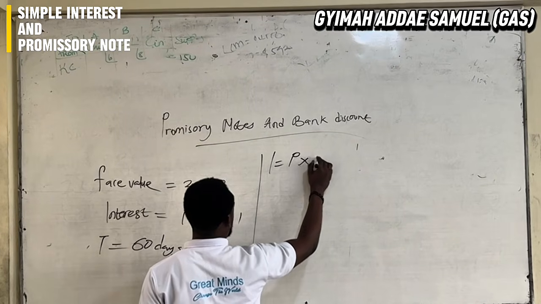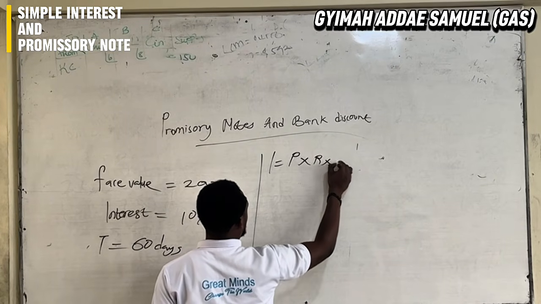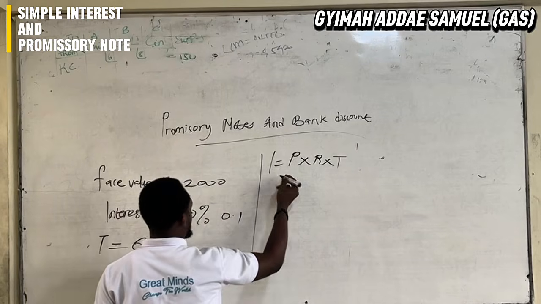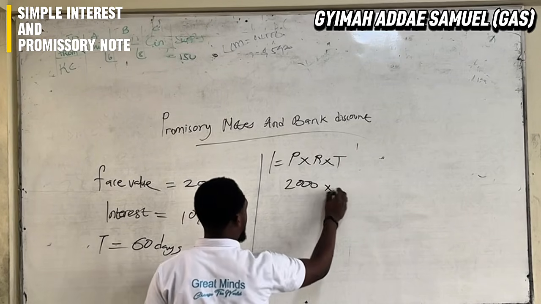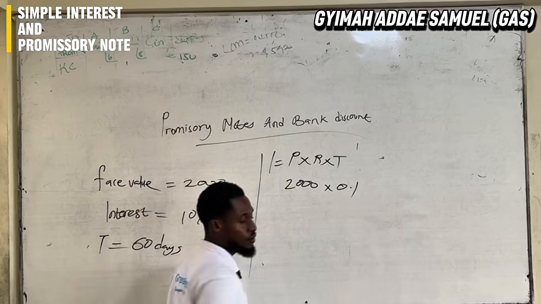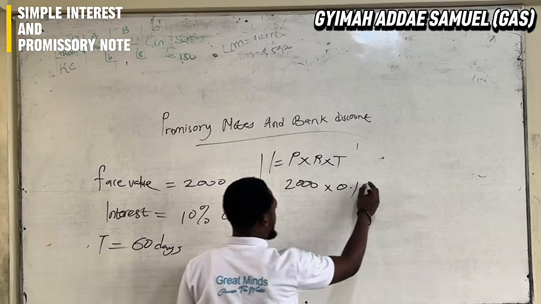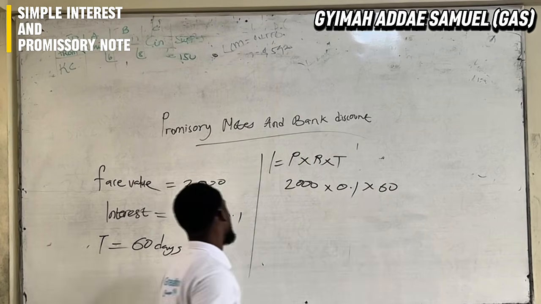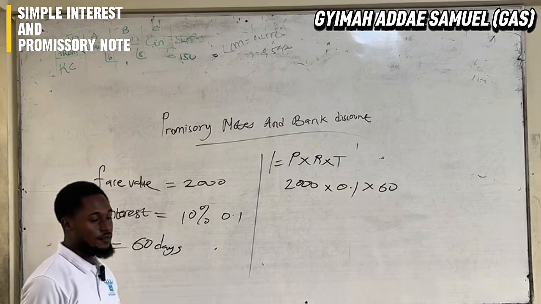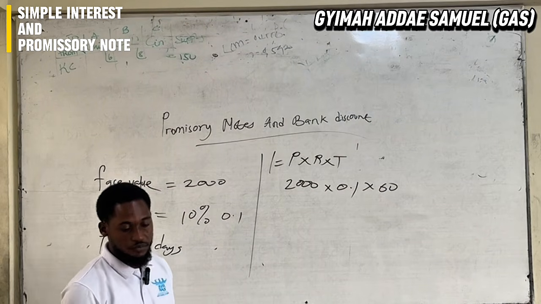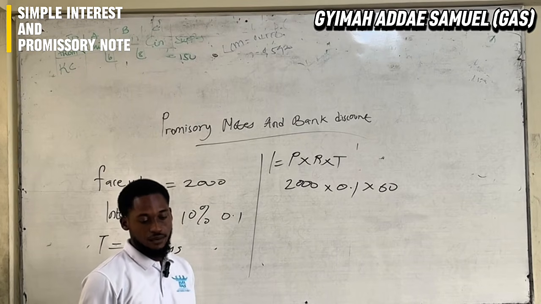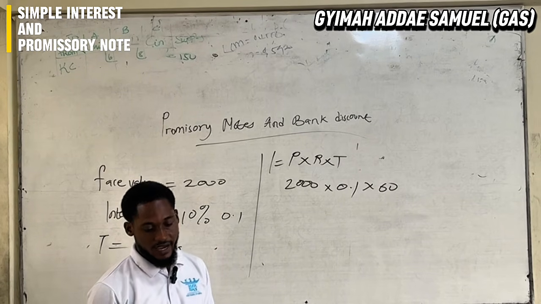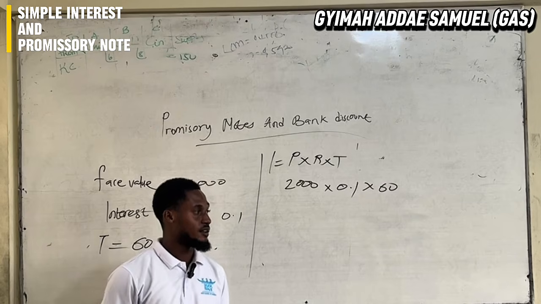The interest amount is computed by P times R times T. The P here is 2,000 multiplied by the interest rate, 0.1 or 10%, by the number of days, 60 days, divided by 365.